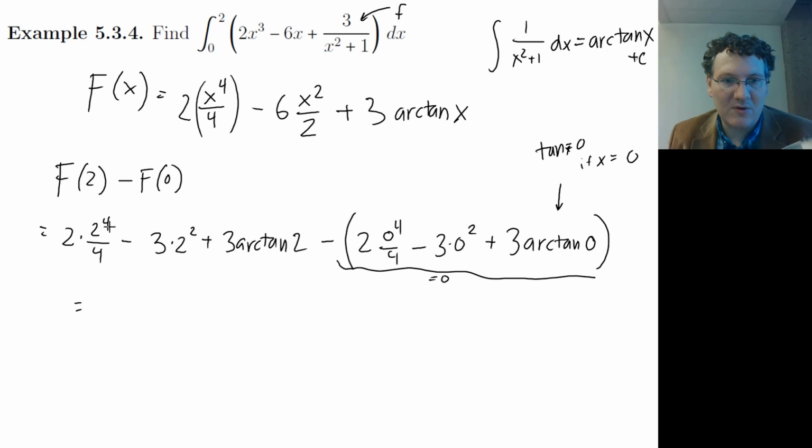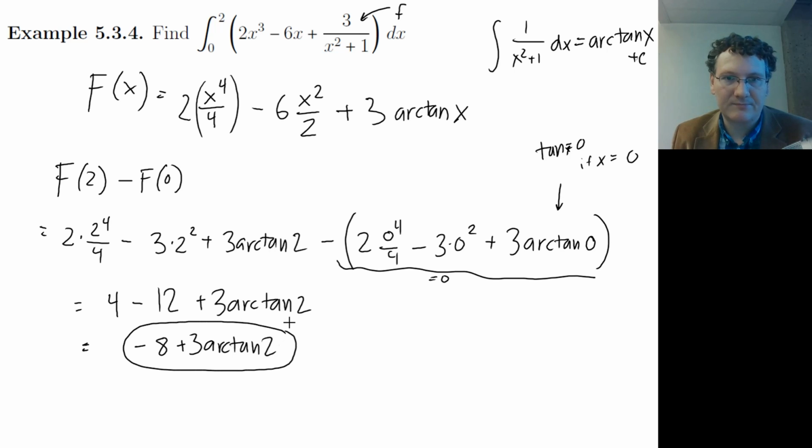We're going to have 2 to the 4th times 2, that's 32 over 4, that's going to be 8, minus 4 times 3 is 12, plus 3 arctangent of 2. The arctangent of 2 isn't anything special. So I'll just write this as negative 4 plus 3 arctangent of 2. That's good enough.